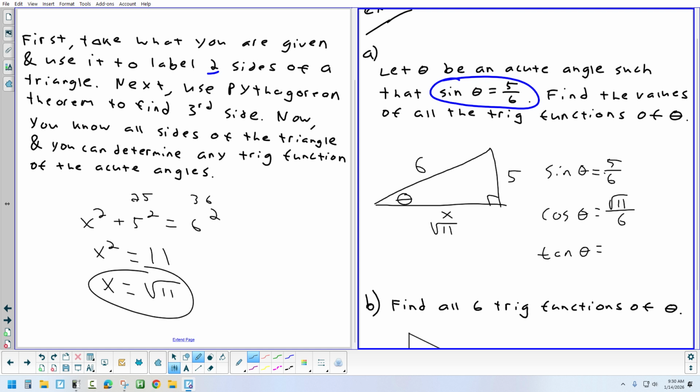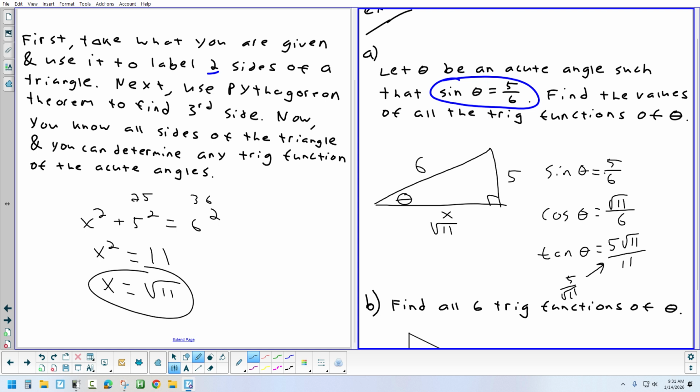And what about the tangent of theta? Yep, 5 square roots of 11 over 11. So you might start with 5 divided by the square root of 11, but then you have to fix having the square root in the bottom. So we started with this, and then changed it.